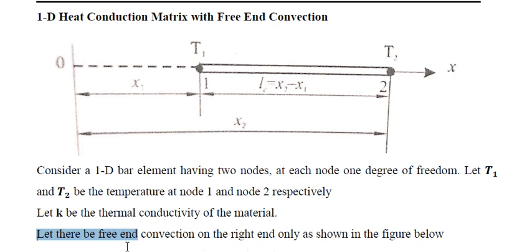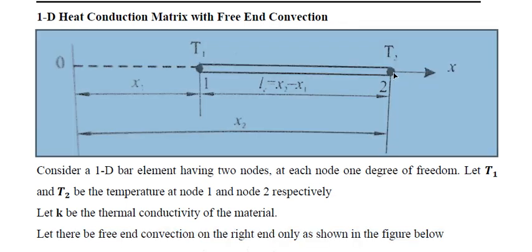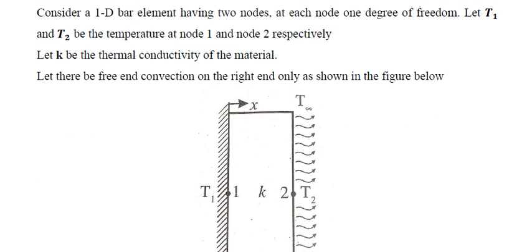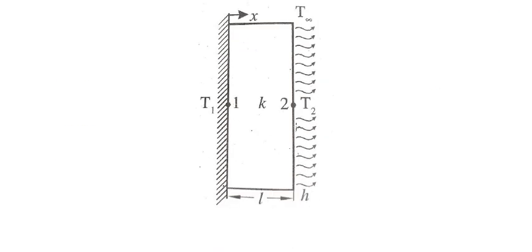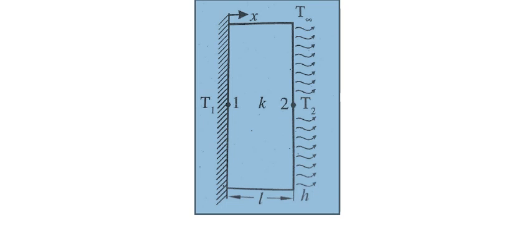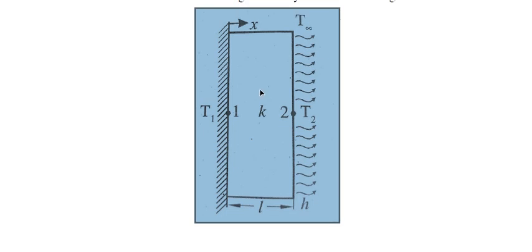Now let us assume that there is free end convection on the right side. Only at node 2 there is free end convection, which can be shown in the figure below.